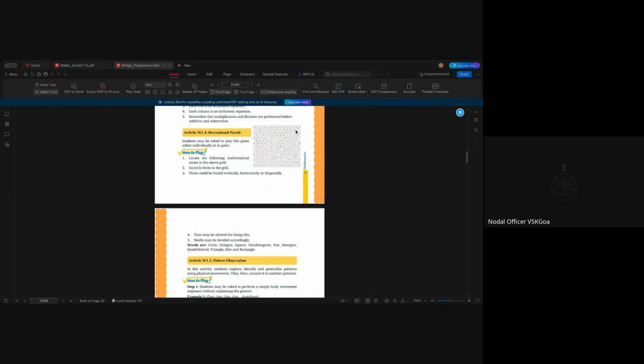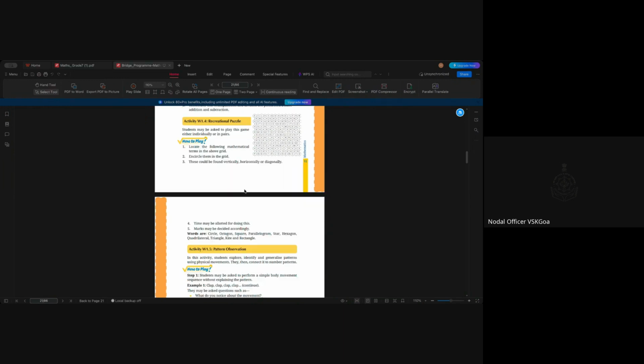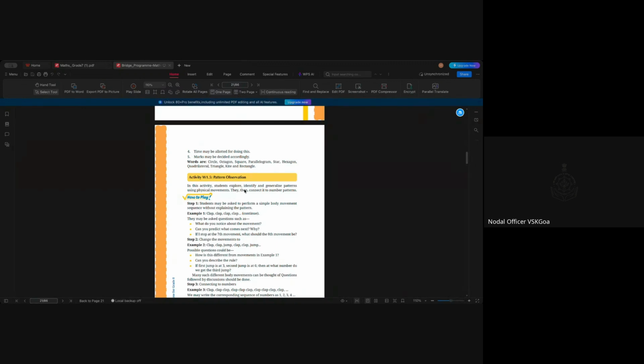So you give the time limit, and as per that, let students answer, and according to that you decide the winner of this particular activity. So such simple activities you can see over here, and these could be really good activities where a child can develop their concepts very clearly.